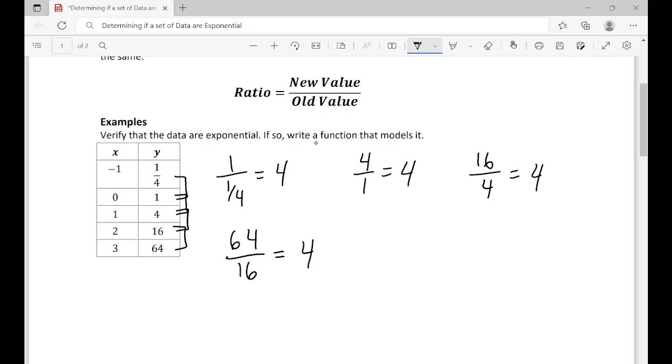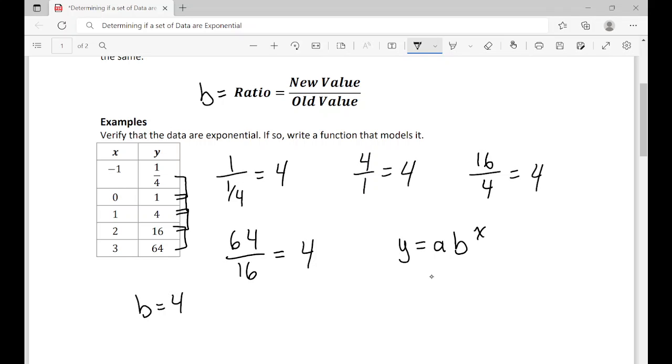So since it is, we're going to write a function that models it. Now, the exponential model follows that y equals ab raised to the x. And so 4 being the constant ratio, and the constant ratio is b. So b equals 4. So we got what b is, we still need to know what a is. Well, a is the initial value.